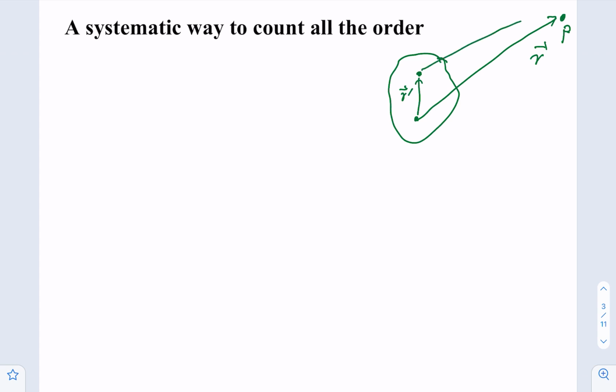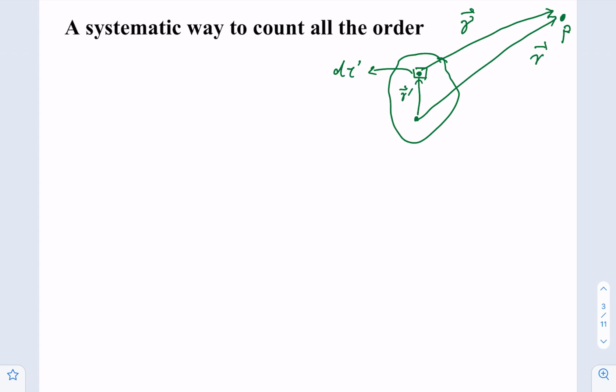The separation vector here is the difference between r and r prime, which we denote as curly r. And we try to first give this a differential charge. So for this volume, there is a charge, and we try to integrate over this volume.